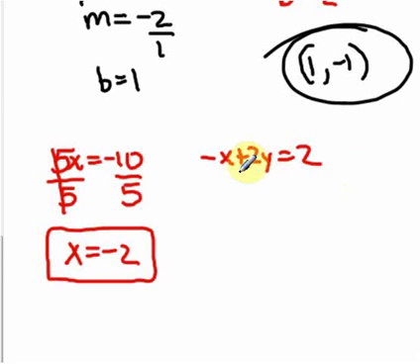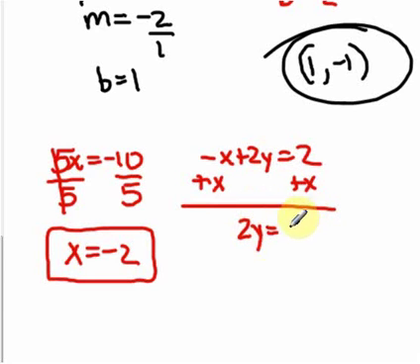Now, let's do this one. We're going to solve it for y. So I'm going to add x to both sides. 2y equals, I'm going to write the x first, x plus 2. Divide everything by 2. Now when you divide an equation, you have to divide every term. Terms are things that are separated by plus and minus signs.